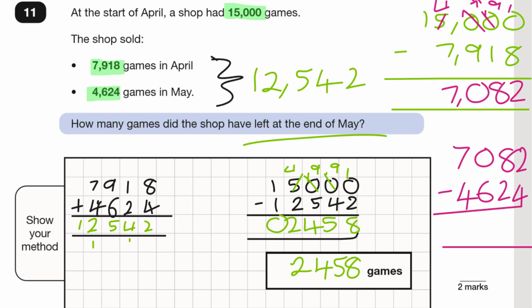So you could subtract the games sold in April from your 15,000, take that answer and subtract the games sold in May from that answer. And you can see you have exactly the same answer. It's whichever thing you feel more efficient with. I personally would add up and then subtract.